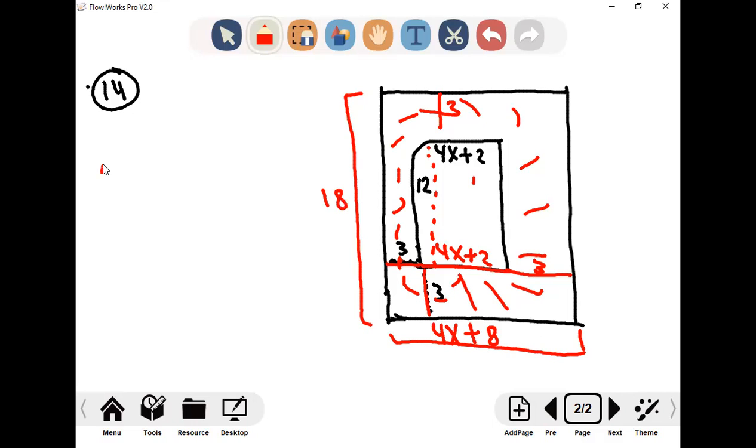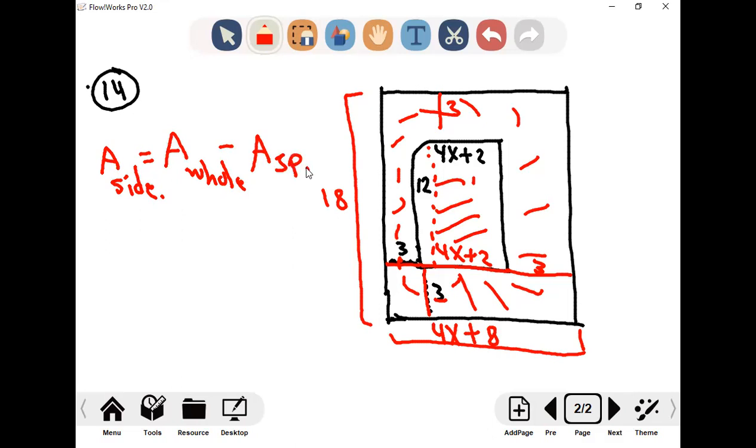The area of the sidewalk equals the whole area minus the area of the swimming pool. The whole area is the whole length multiply the whole width, which is 18 multiply 4x plus 8, minus the area of the swimming pool, which is 12 multiply 4x plus 2.